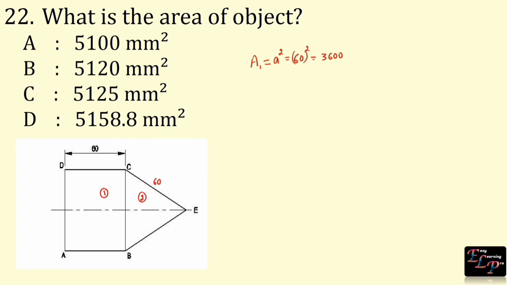Next, area of second shape, which is an equilateral triangle, given by root 3 by 4 a square. Root 3 by 4 into 60 square, which is equal to 1558.8.